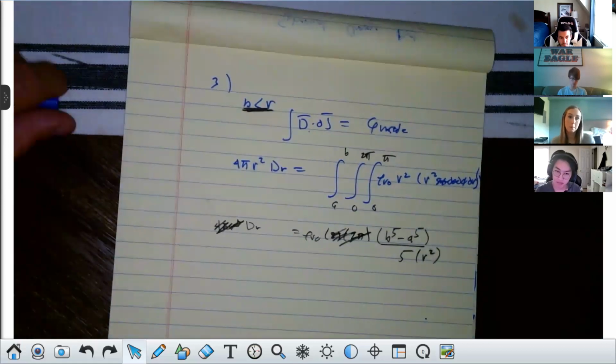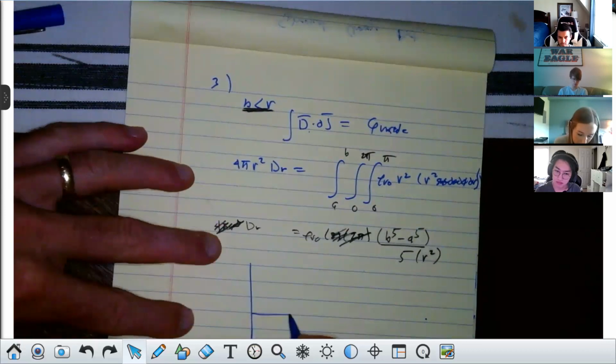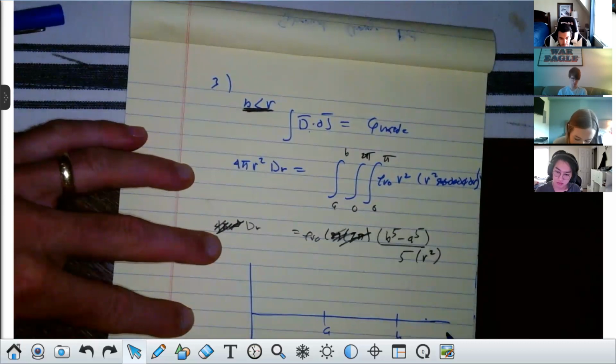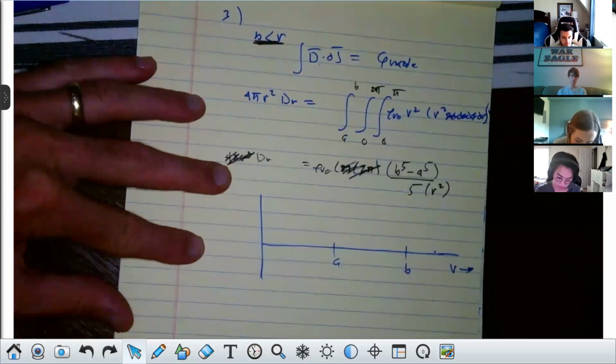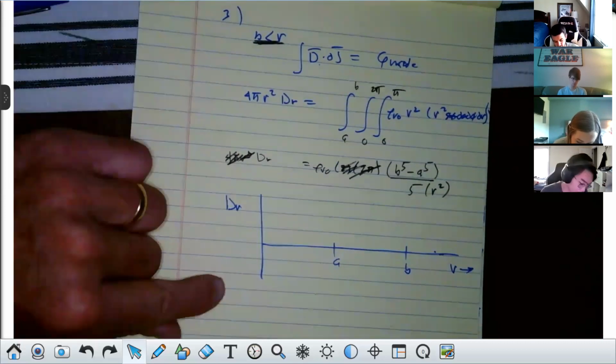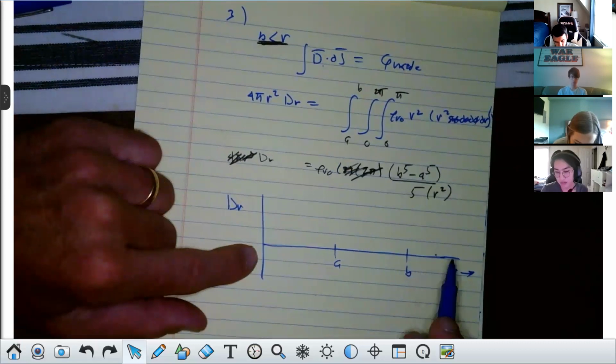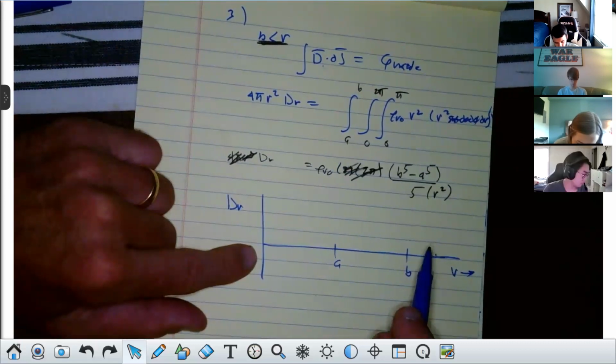So now for plotting this, let's take a look at what it would look like. This is R here, and here's D of R. So what does it look like? If I'm moving too fast, yell at me. I don't think I am, but I might be.